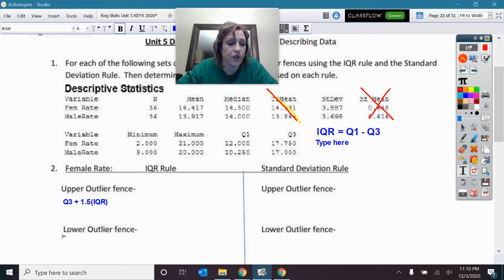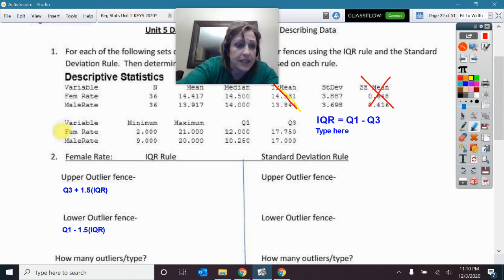And then for your lower fence, you're going to do your Q1 minus 1.5 times the IQR. Then, of course, you will be using these female numbers when you do these fences here. You've got your Q1, your Q3, and your IQR, and that's what you will do to get the female fences.